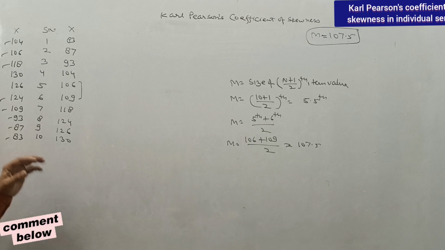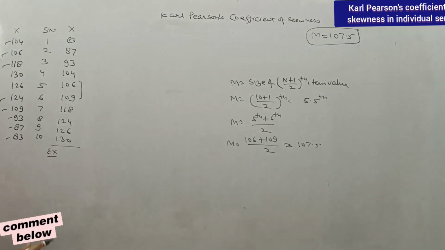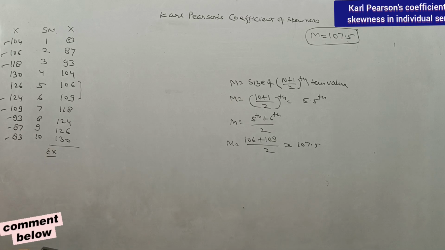Second, firstly, for getting sigma x, we are adding all the items, that is 83 plus 87 plus 93 plus 104 plus 106 plus 109 plus 118 plus 124 plus 126 plus 130.